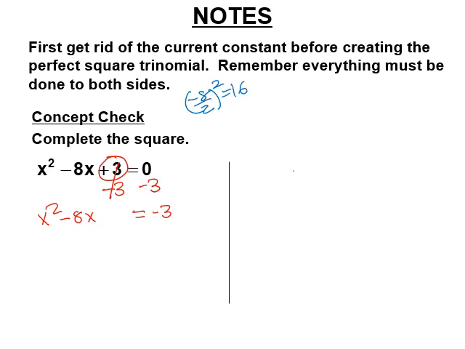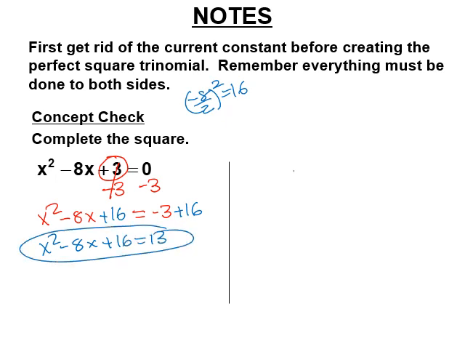But remember, you have to add 16 to both sides. And forgetting to add the 16 over there is the single most common mistake with this. So look what we have now. We have x squared minus 8x plus 16 equals 13. We're going to stop right there, and then we'll do the next step on the following screen.